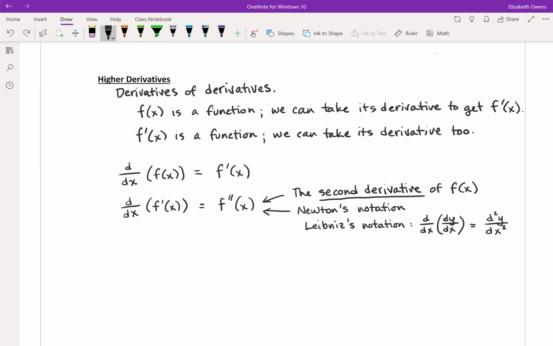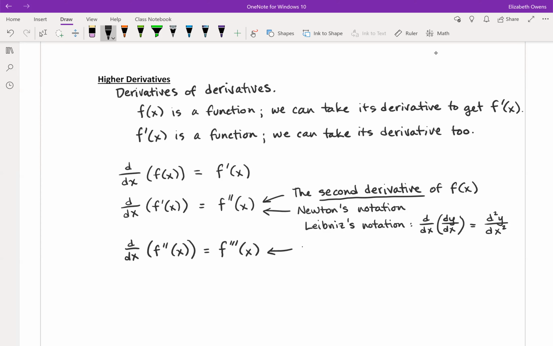Okay. But we'll stick to Newton's notation for right now here. So there's the second derivative, f double prime. And, you know, when we take the derivative of a function, it just gives us another new function. So f double prime is a function itself. And we could take its derivative too, as long as it's still differentiable. And when we do that, we get f triple prime of x.